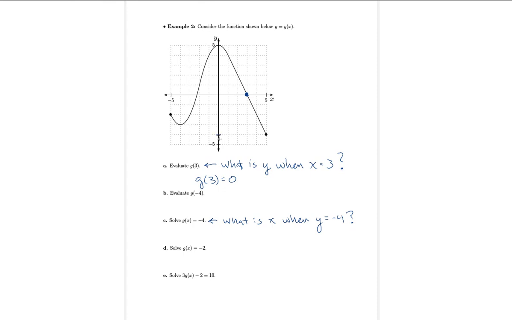And then I ask myself, what are the x values that go with this y value? And the only one I see is this dot over here, right? So I follow y equals -4 over till I hit the graph, and then I note what the x value is here. The x value is 5. So my solution is x equals 5.